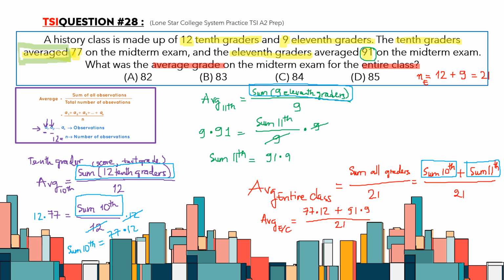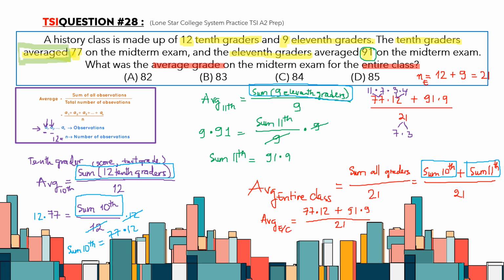To break this down easily, we have 77 times 12 plus 91 times 9 over 21. I will break that down: 21 is 7 times 3, 12 is 3 times 4, and 77 is 11 times 7.